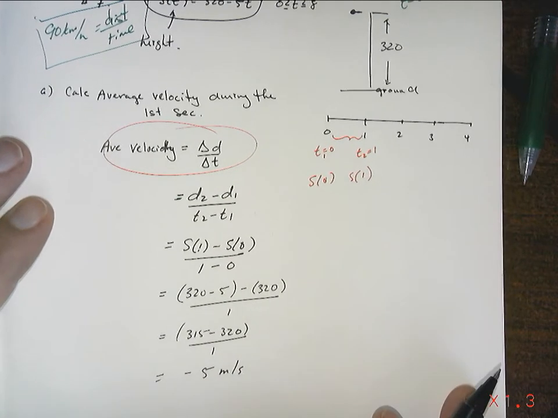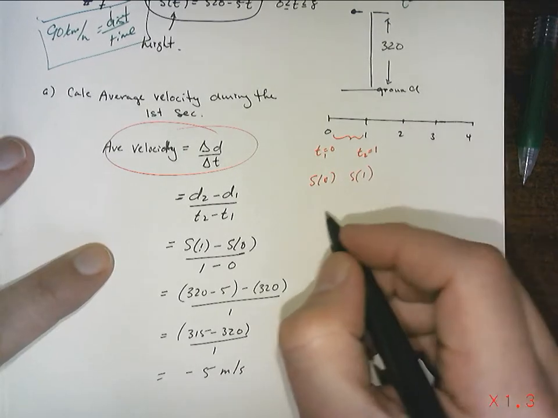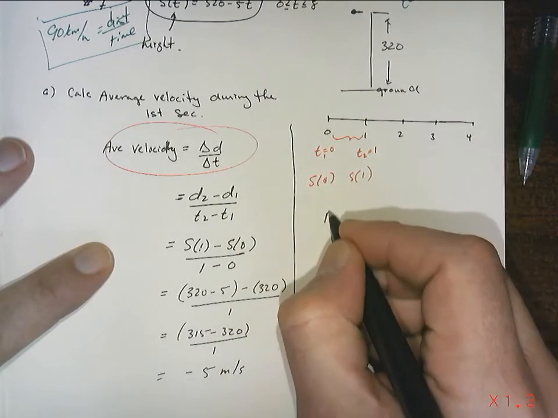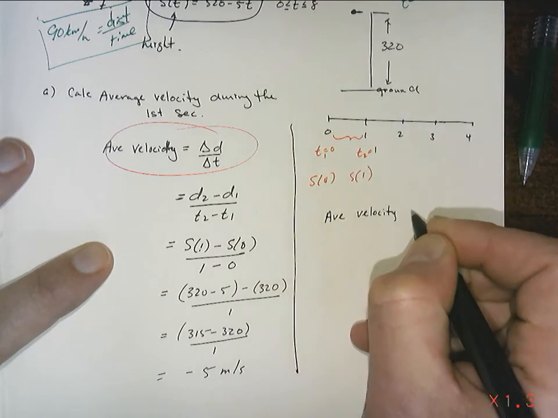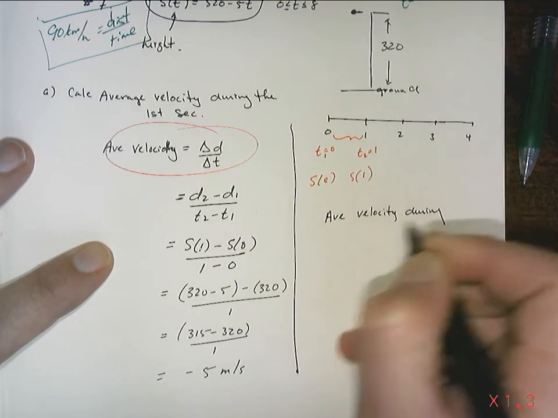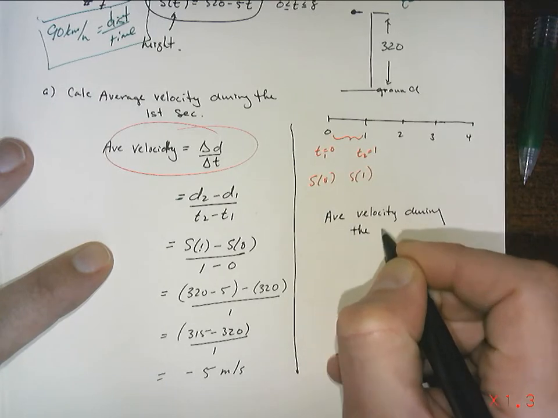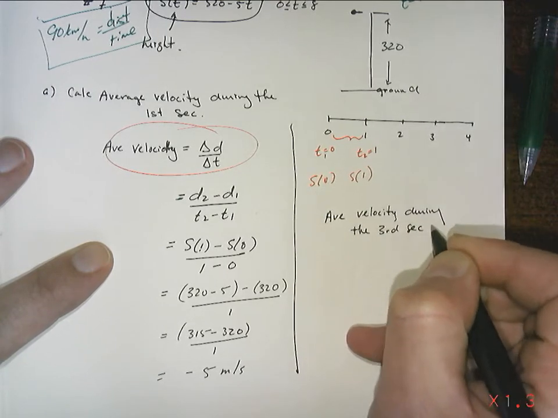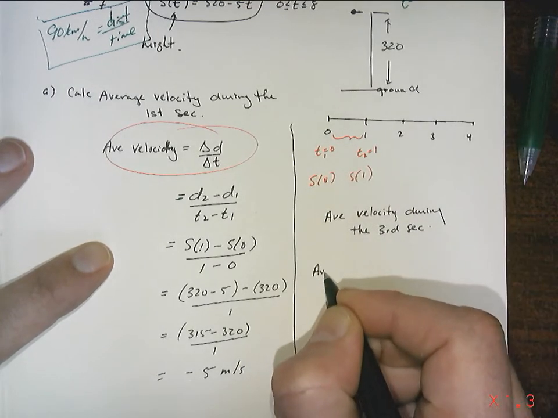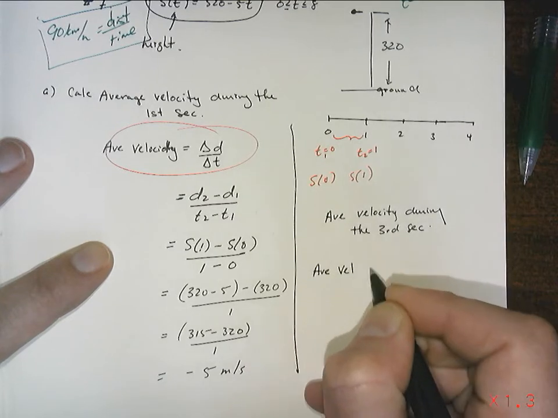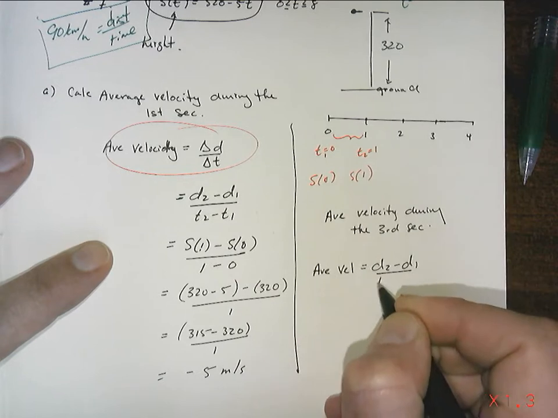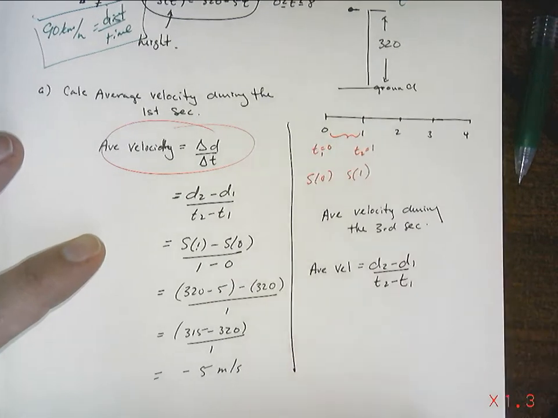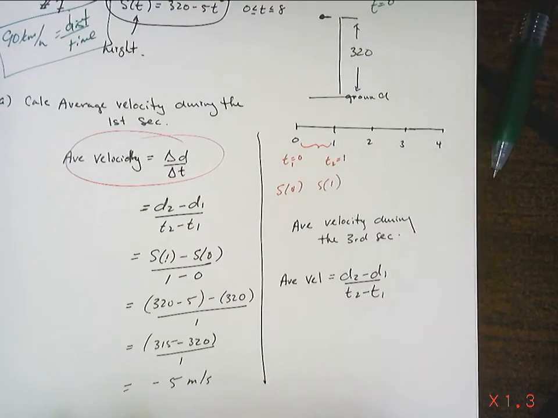Now the next part is asking for the average velocity during the third second. Again, the idea of average velocity is d2 minus d1 over t2 minus t1, change in distance over change in time.